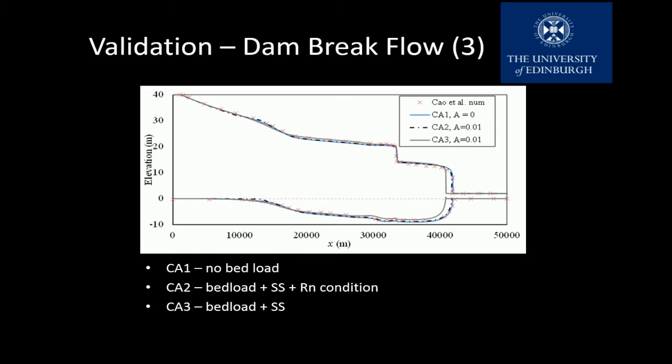Then to see what happens if I don't use the Rouse number, I did case 3, which is in grey, and you can see that because I have included bedload, even though you wouldn't expect bedload in this situation, it does change slightly the final formation of the scour hole and the final free surface elevation profiles.